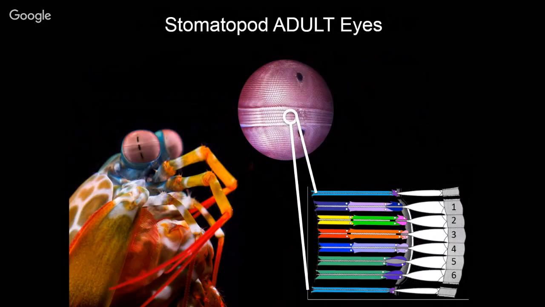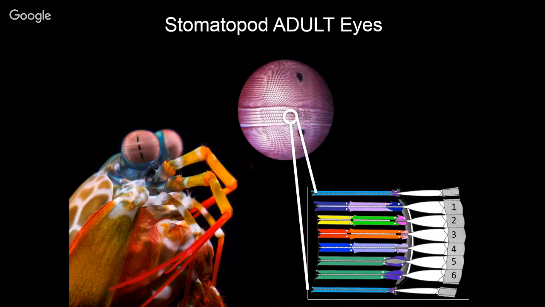So the crystalline cone and cornea here, light is coming in from the side. Each one of those colored structures is a different receptor type that you find in the stomatopod eye. And we have numbered here the 6 midband rows. So you can see by the different colors and the different shapes and structures of those receptors, they have this set of highly specialized receptors in those midband rows.